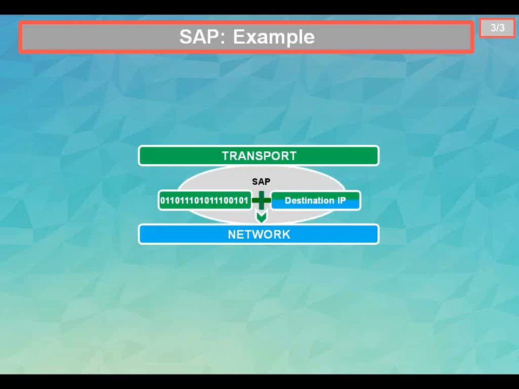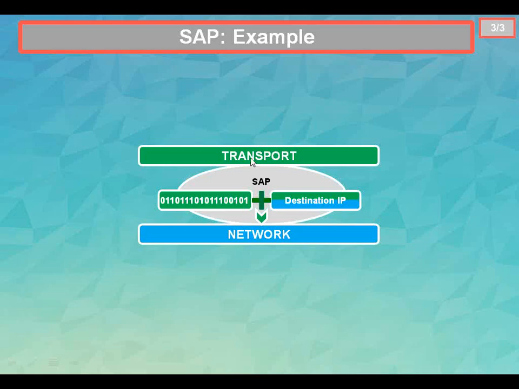Now the transport layer is doing two things. He is requesting a job from the network layer, asking him to help send this data to so and so computer whose IP address is this. So he is giving two details to the network layer: the binary data, as well as the IP address.